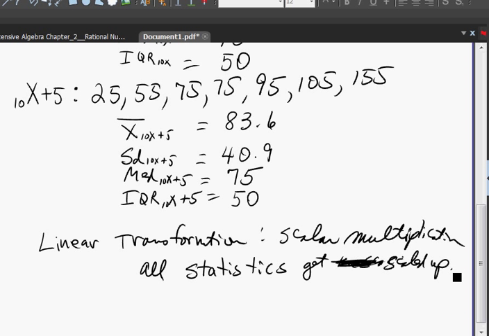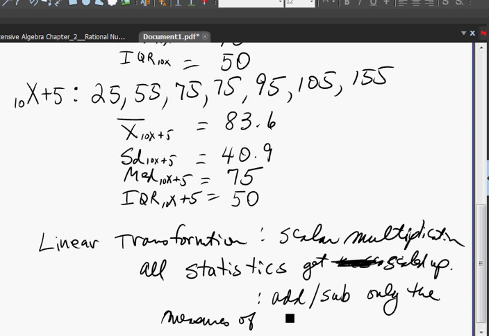Okay. If you just do an addition or subtraction to your data, then only the measures of center get the addition.